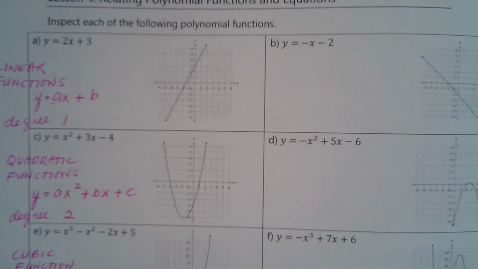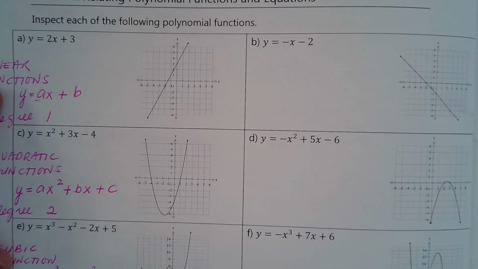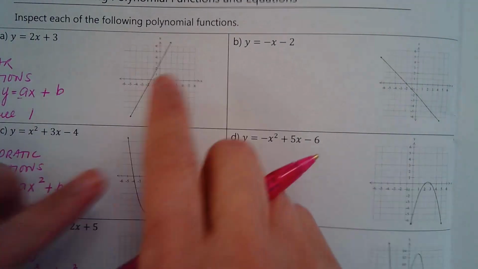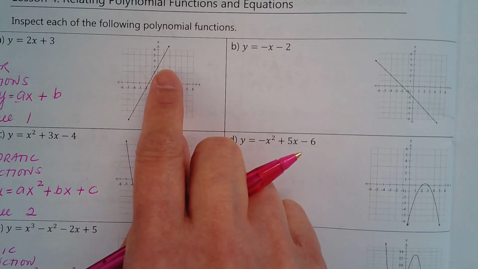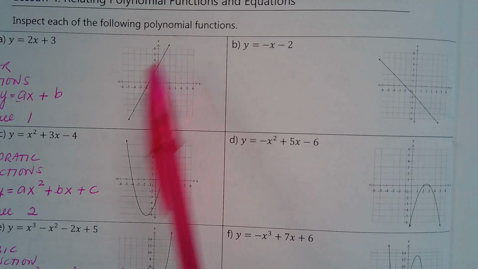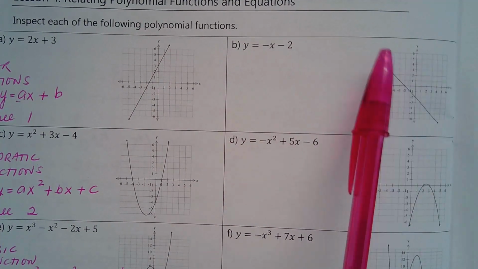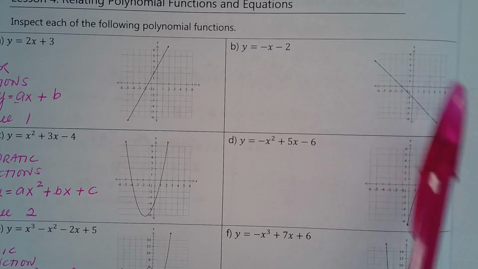Let's take a look. These are the odd degrees: the linear, the cubic, the quintic. Here you're talking about the end behavior: quadrant 3 to quadrant 1, or quadrant 2 to quadrant 4.